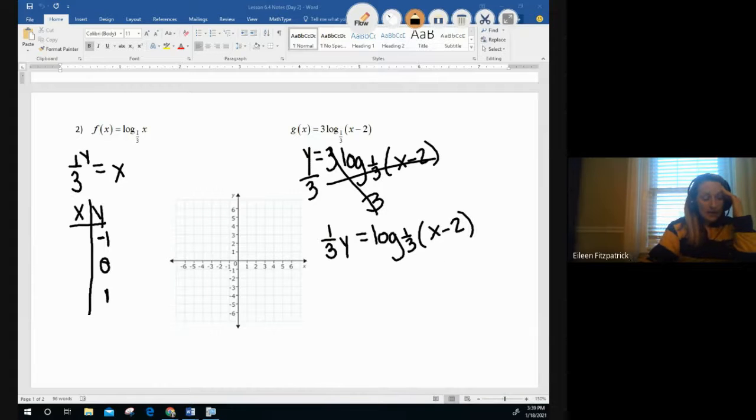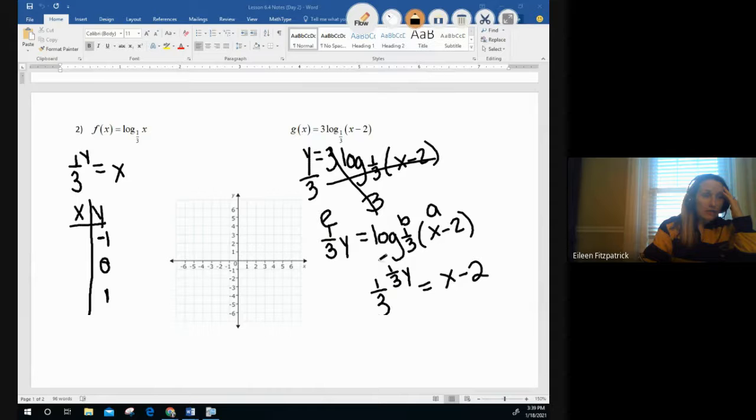Now I would rewrite it as the base of 1/3 raised to the 1/3 y equals x minus 2. Okay, so I would change forms at this point where I have my base, bacon, and eggs. I changed it to the base, the 1/3, raised to the exponent, which was 1/3 y, equals the answer, x minus 2.